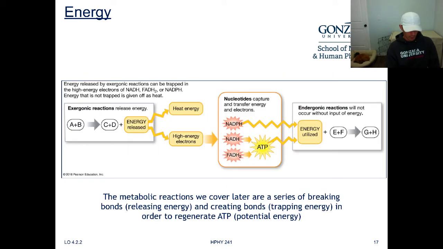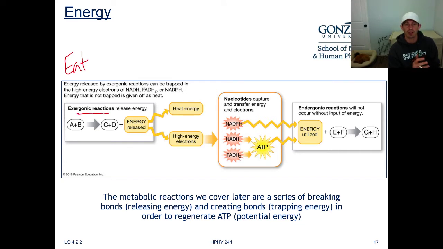All right, so to illustrate this concept, we've got this diagram here. There's a lot of detail, but basically, if we're talking about metabolism and our cells needing to harness energy from food, we eat, and those molecules, those carbs, lipids, proteins, we start breaking down, breaking bonds.